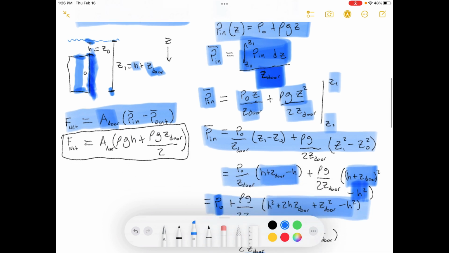So that cancels out our reference pressure, our P naught term, and we're just left with rho g h plus this extra term. So you can definitely see that satisfies part A, where it's saying the force is greater than the area of the door times just rho g h. It also has this extra term here because it's over the full door, so we're averaging over the full door. It's not just at a single point on the door.